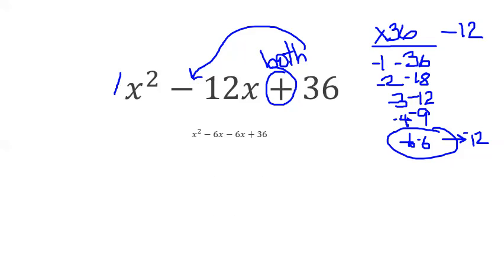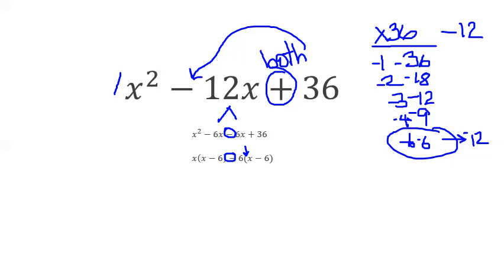So when you break up your middle term from 12x to negative 6x and negative 6x, we can look for GCFs of x from the first two terms and from the last two terms a negative 6. Remember, you want to take out the negative because you want your first term in the second bracket to be a positive. So again, we take out the negative so that we have a positive x, and then we get minus 6, because negative 6 times negative 6 will give us the positive 36.